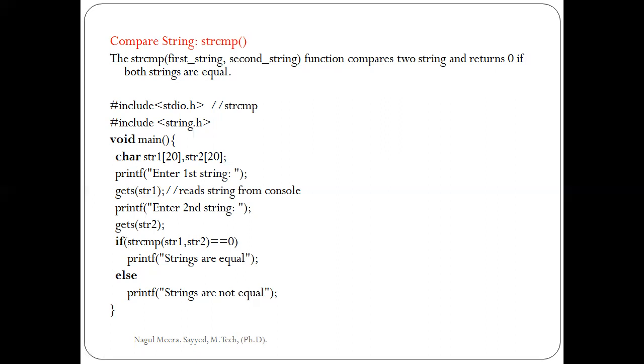Now, compare. What is the meaning of strcmp? The strcmp function is used to compare two different strings and returns zero if those two are equal. Now I am using one if condition here: if strcmp(str1, str2) equals 0, meaning the two strings are equal, then it prints "Strings are equal".